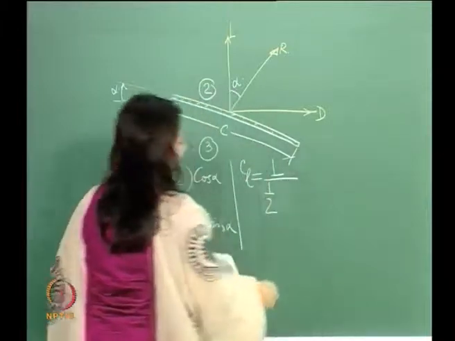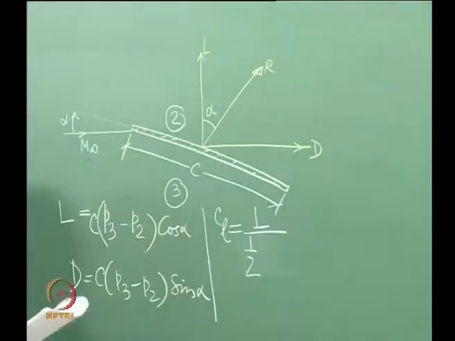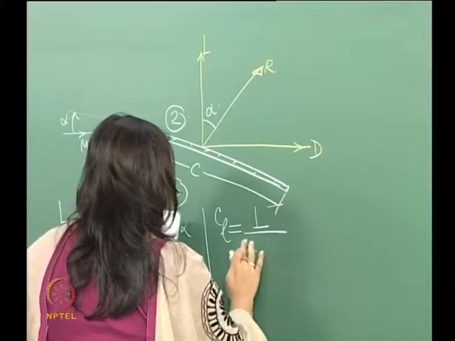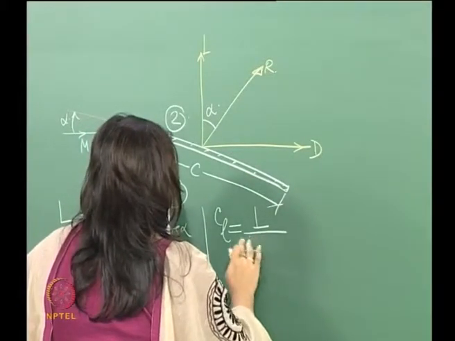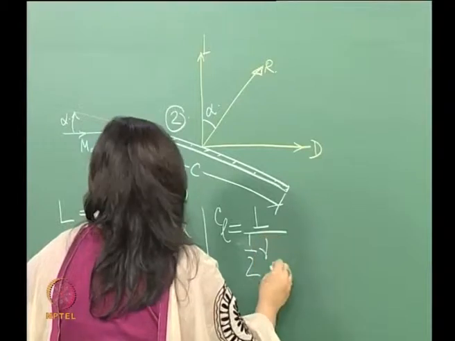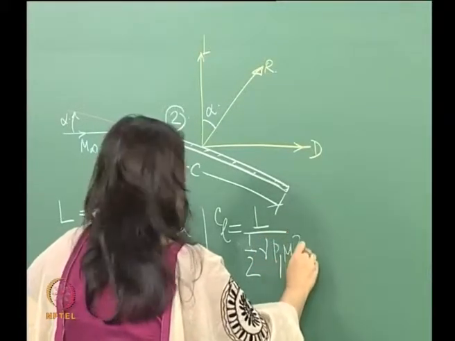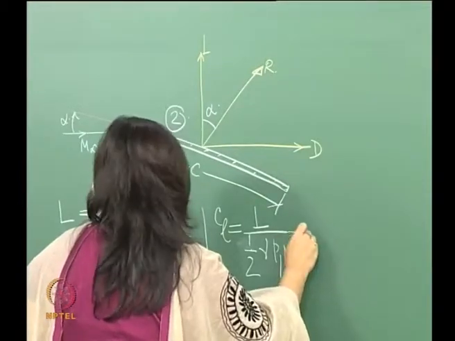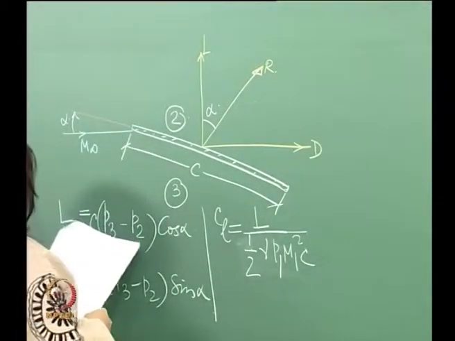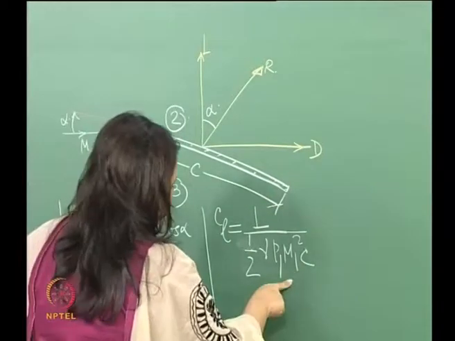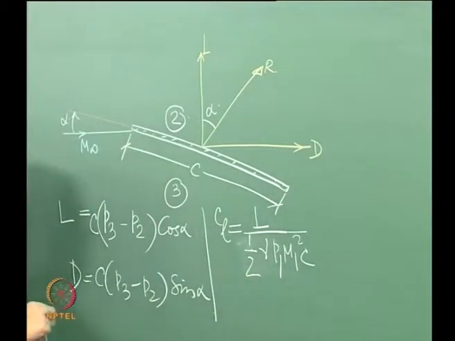So, we wrote this differently in the last lecture. Just remembering that, the way we will write this is half gamma P 1 M 1 square C. So, the bottom basically becomes this, half gamma P 1 M 1 square C, right.